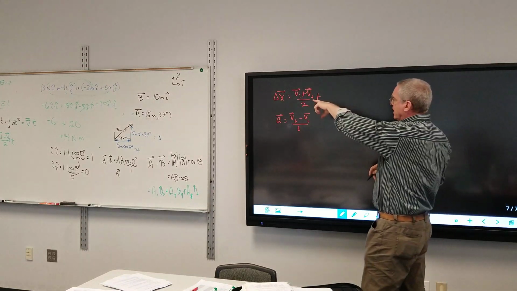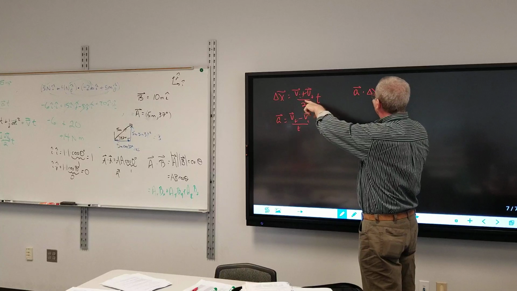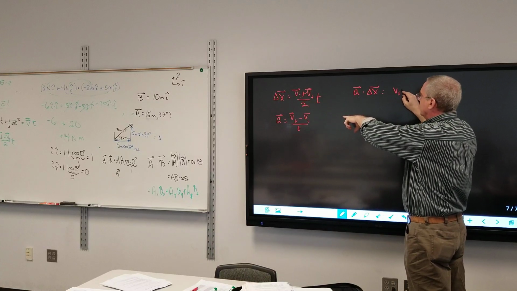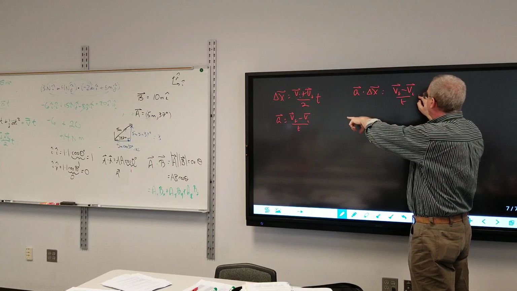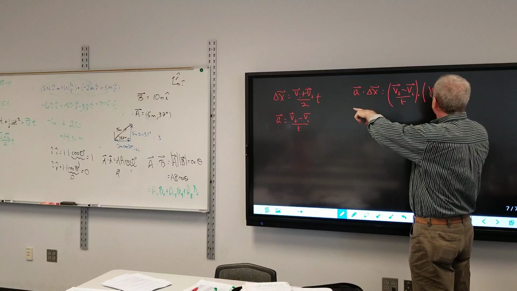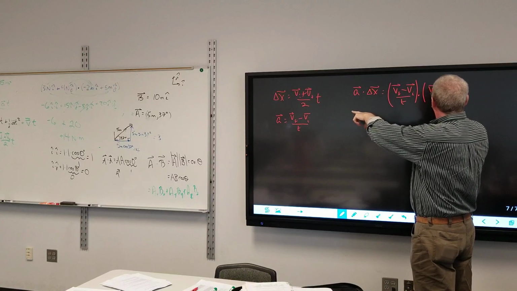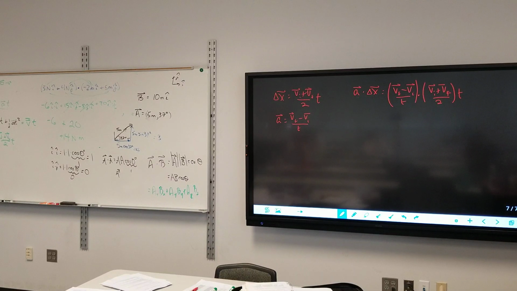So on the left-hand side, I'm going to have acceleration dot delta x. And on the right-hand side, I'm going to have vf minus vi over t dot product with vi plus vf over 2 times t.